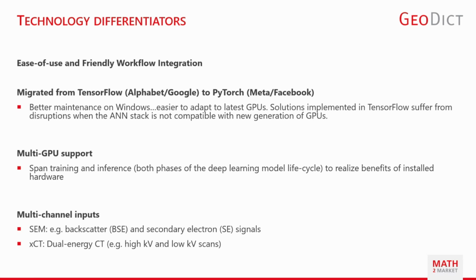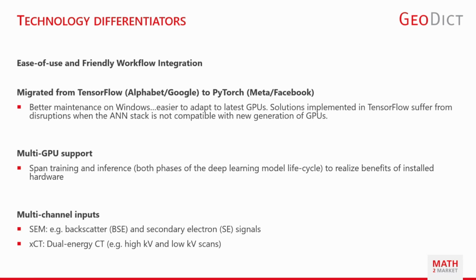Another major benefit is that GeoDict allows you to leverage multi-GPU support for both phases of the deep learning lifecycle, both the training and the inference. Because we've built the infrastructure, used the right tools, and made it friendly, you're able to leverage all those benefits without any expertise.